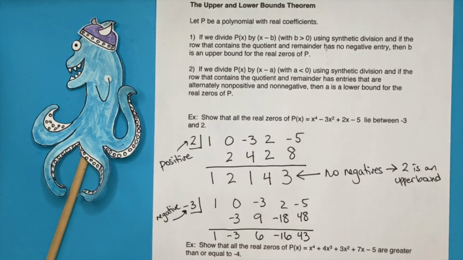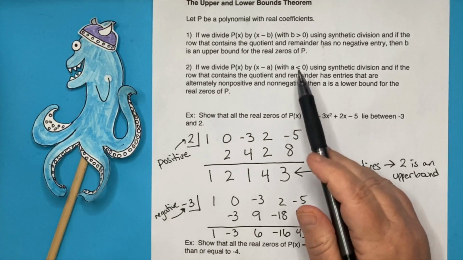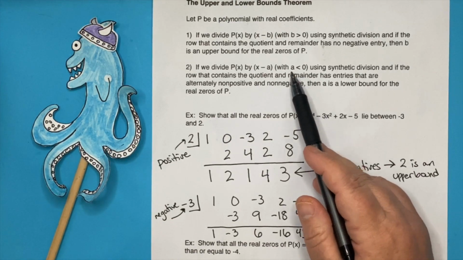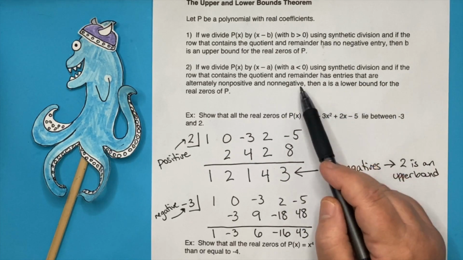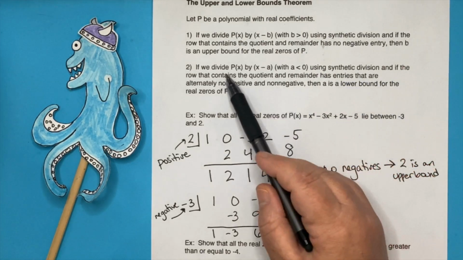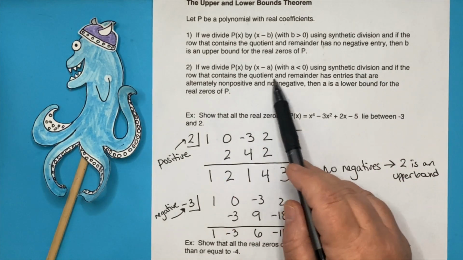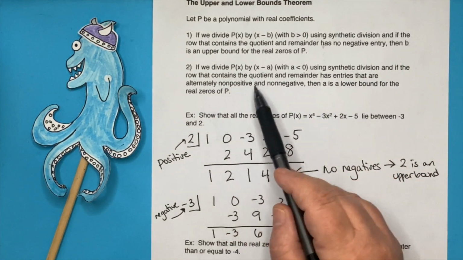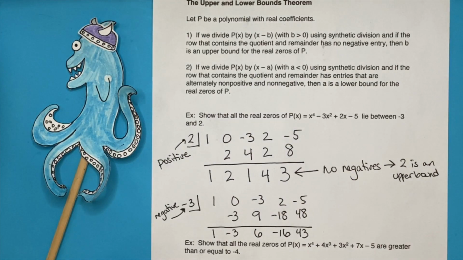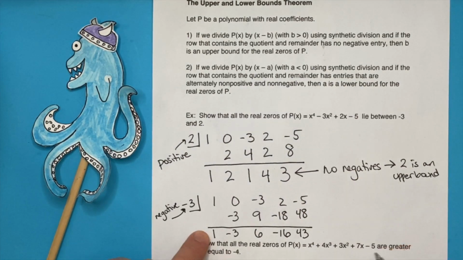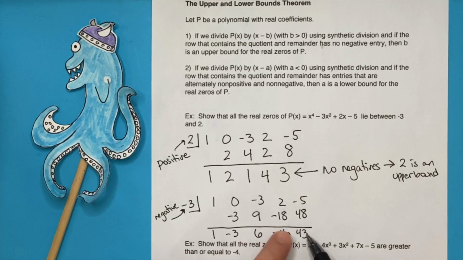Now let's take a look at these. This is negative land, so we're in number 2. So if we divide using synthetic division, and the row that contains the quotient and remainder has entries that are alternately non-positive and non-negative. So our entries went non-negative, non-positive, non-negative, non-positive, non-negative.